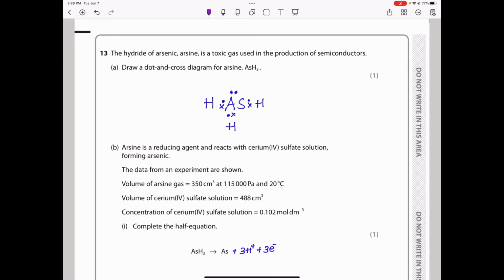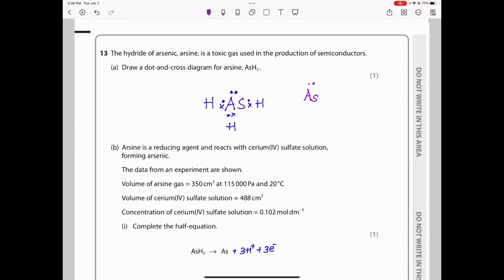It says, the hydride of arsenic is a toxic gas used in the production of semiconductors. Draw a dot and cross diagram for arsine. So basically AsH3. Just put As. And then remember, you look at the periodic table and find out the group they are in.